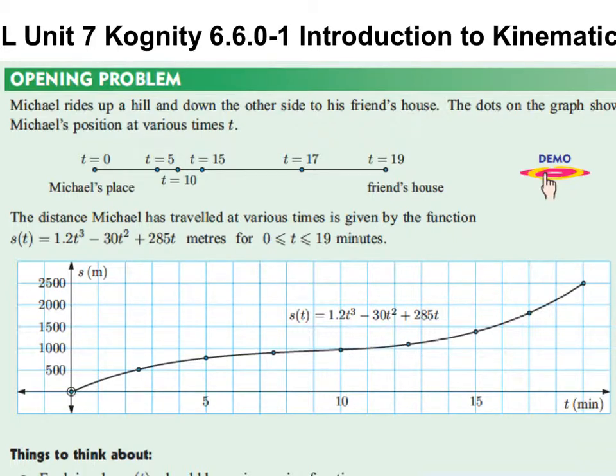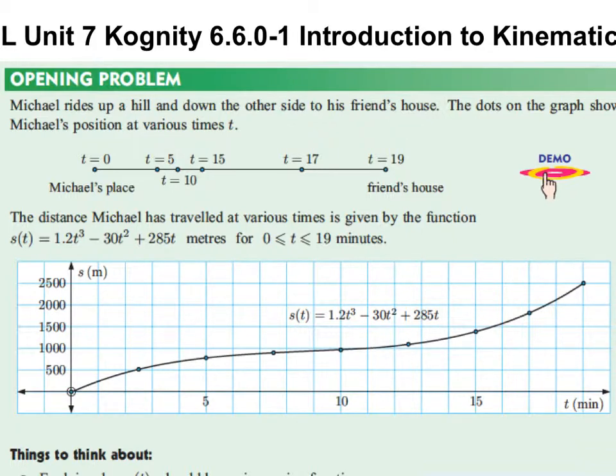Up here, we go from here to here, that's one distance, here to here, that's another, but at 10 minutes we have a total displacement of this. If you come down here, at 10 minutes, the displacement looks like 1,000 meters.